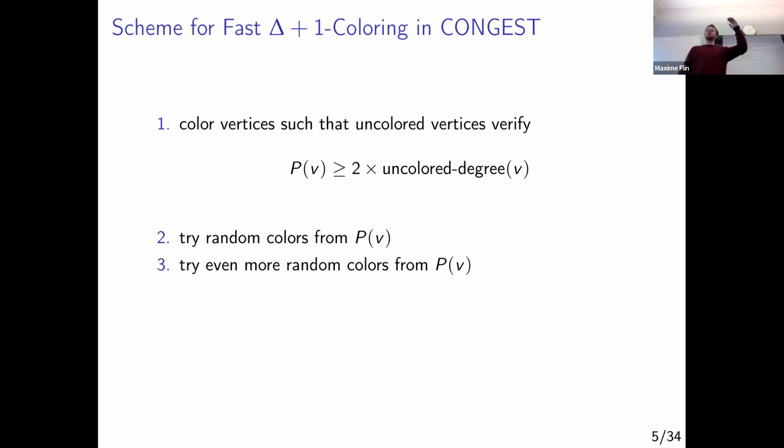This type of condition means that your palette is never going to shrink too much, but the number of uncolored neighbors you have is going to go down very quickly. So every time you fail to get a color, the next round you're actually more likely to get one. After a log-style number of rounds, if you do it carefully, you're colored with high probability. I don't really want to get too much into the details, but that's the rough scheme.